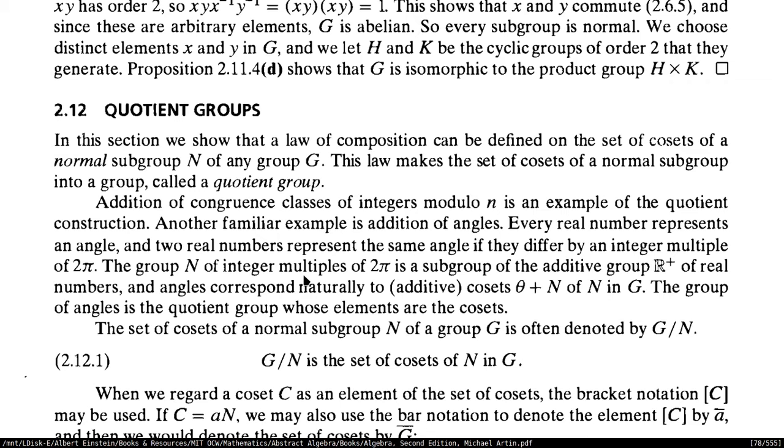So you have the set of cosets of a normal subgroup, and then you turn that into a group, and that will be the quotient group, right?